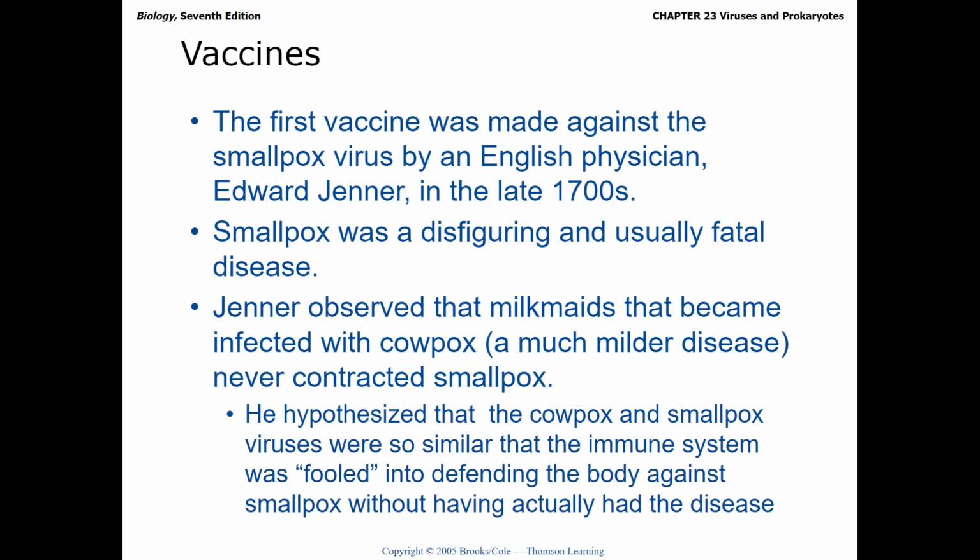Basically, cowpox and smallpox were so similar, at least in how the virus looked, that when milkmaids came into contact with smallpox, they didn't have symptoms because their body mounted a secondary response or had been fooled into thinking it had seen this before. And they were able to fight off a disease that could be disfiguring and fatal, whereas others were not.